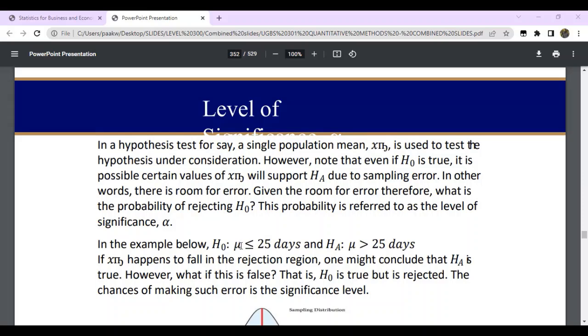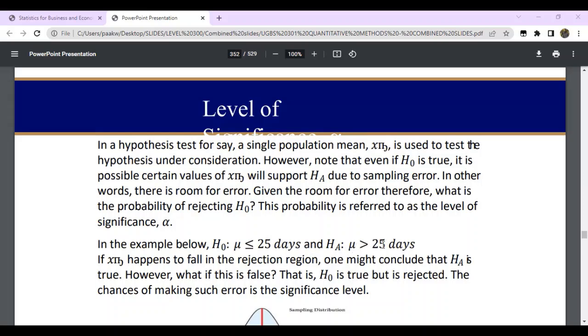In the example below, H0, the null hypothesis, claims that mu is less than or equal to 25 days. And you all know that the alternate hypothesis challenges the status quo, that is, it challenges the null hypothesis. So H A would be mu greater than 25 days.